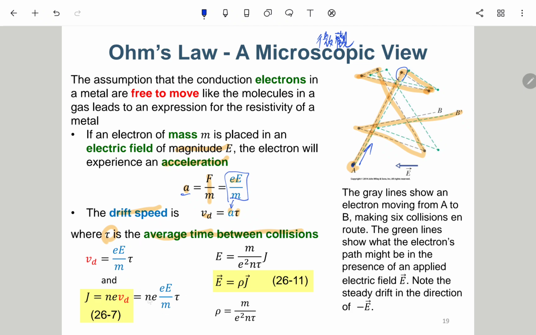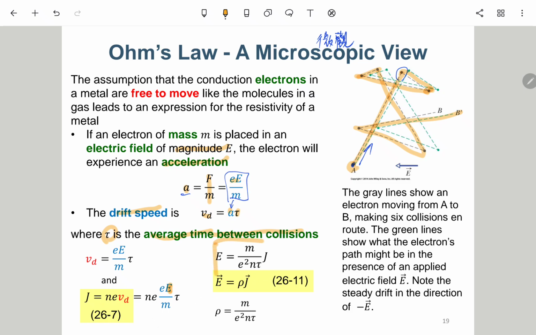Here we try to get the expression of E in terms of the other terms. So we keep E here and move all the other stuff to the left hand side. J is here, m goes to the top, e squared goes to the bottom, n goes to the bottom, and tau also goes to the bottom.